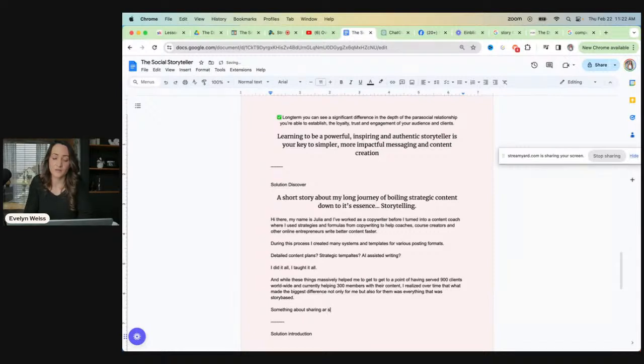Stories have proven themselves time and time again to be this almost magical vehicle that can cut through short attention spans and shortcut the time to spark a meaningful relationship with a stranger.